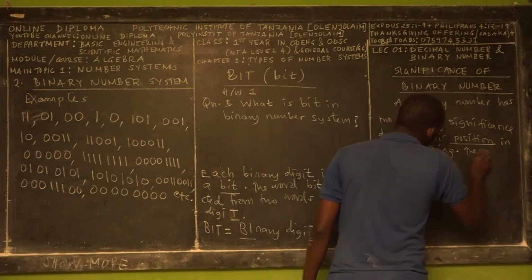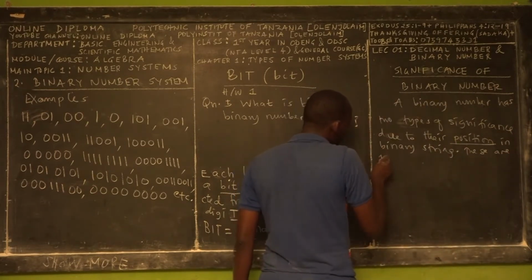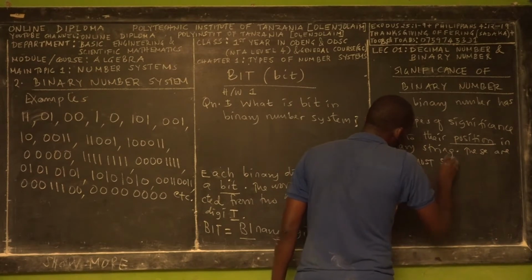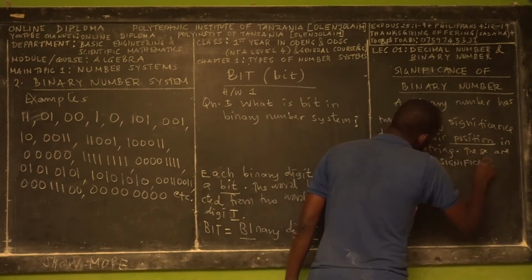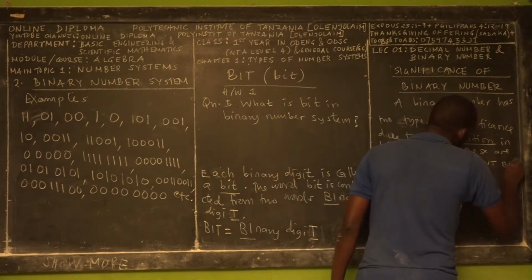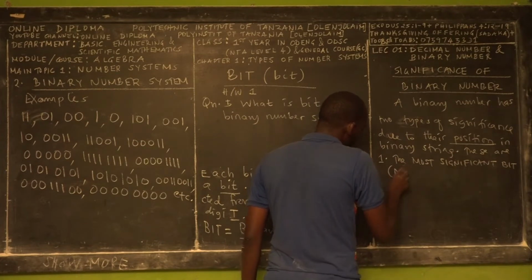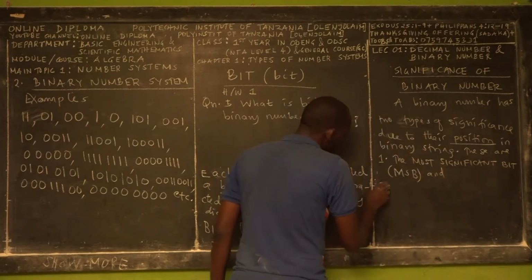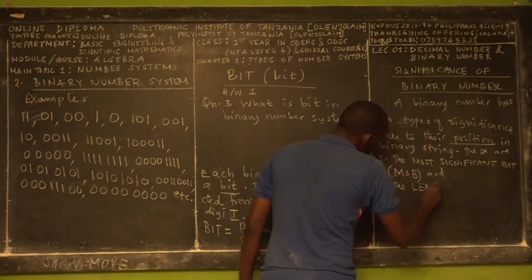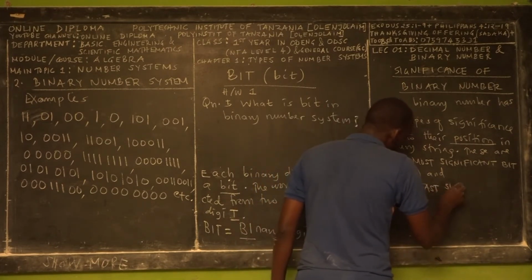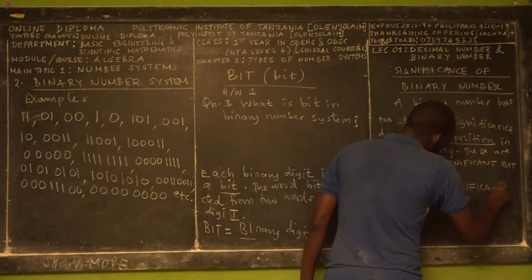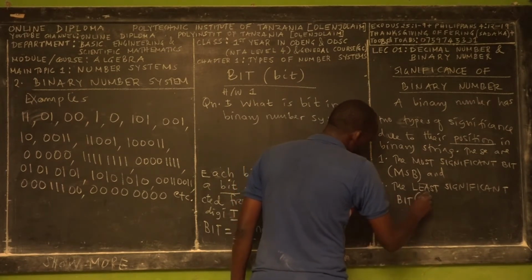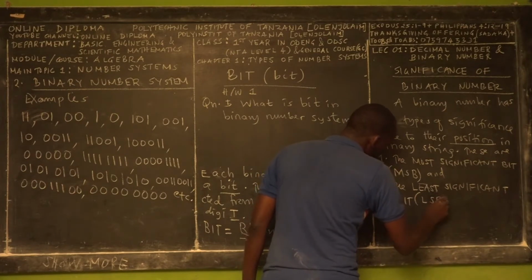So these are: one, the most significant bit, which is MSB, and the second one is the least significant bit, which is LSB.